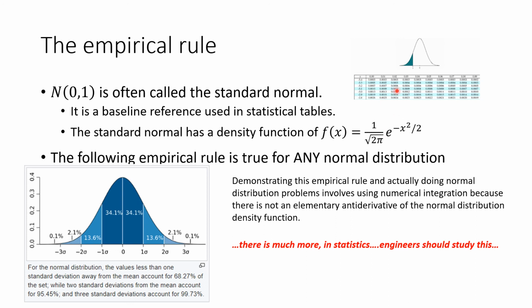These tables usually are for the mean of 0 and the standard deviation of 1, because we call that the standard normal. We can adjust these tables by means of what's called a z-transform to compute any areas. Now, there's much more in statistics, and engineers should really take a course in this, but for now, understand that you've seen applications of almost everything we have learned in this field.